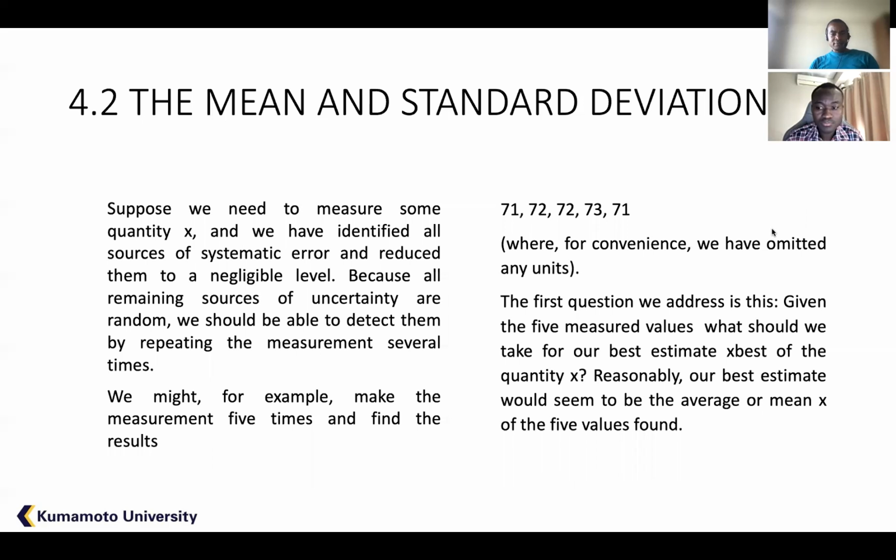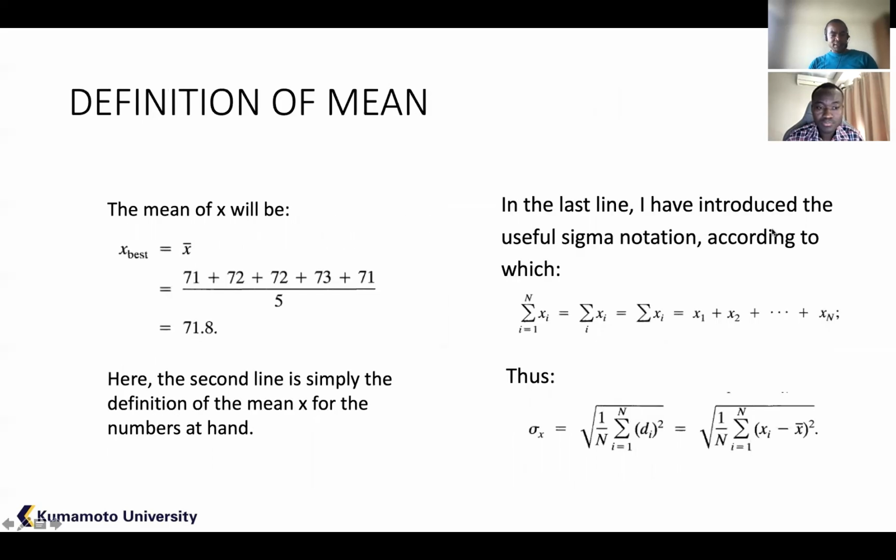But before that, for you to estimate several values to come up with one uncertainty, you need to understand how to compute the mean, which is given by all the values obtained added and divided by the number of items or trials of those experiments. Based on this formula, we can also introduce the sigma notation, which gives the formula as follows here.